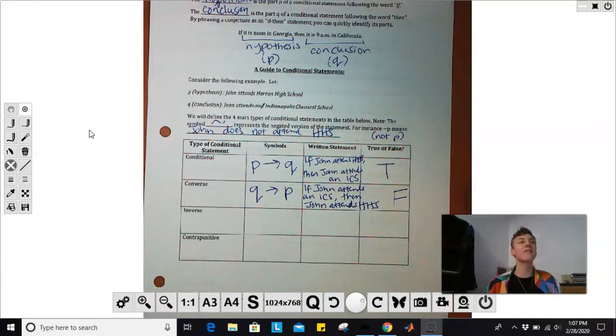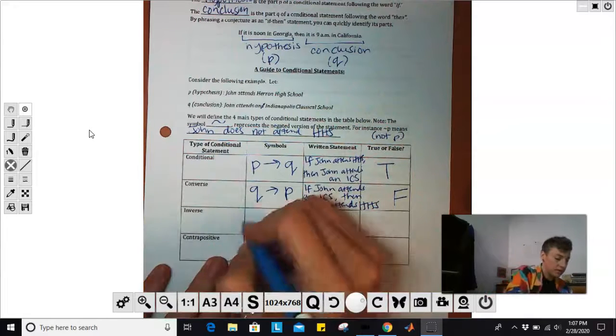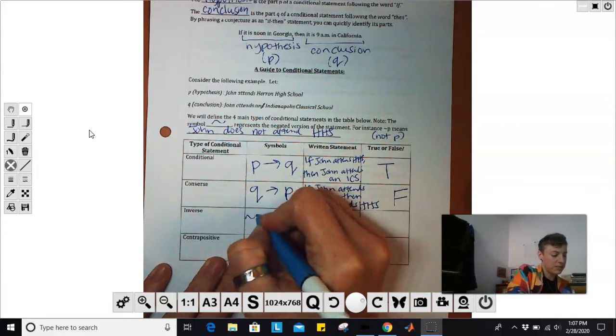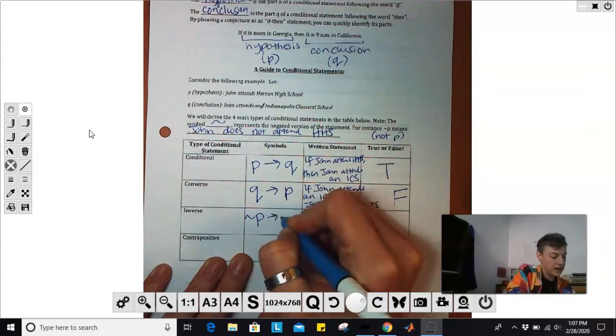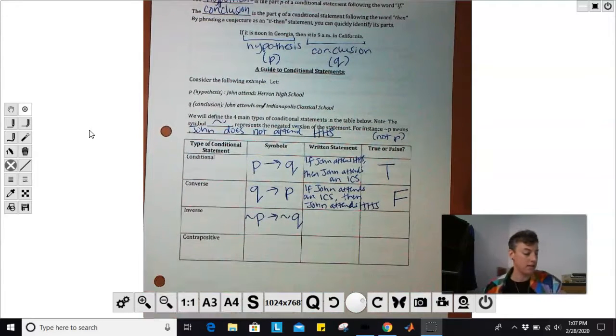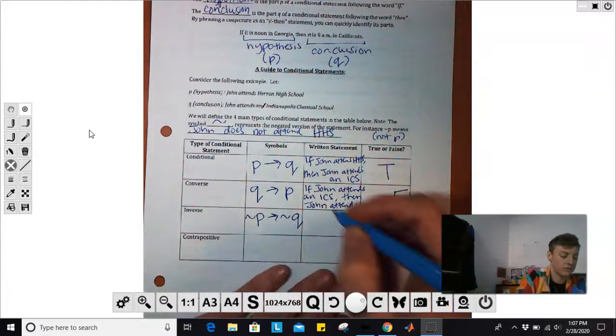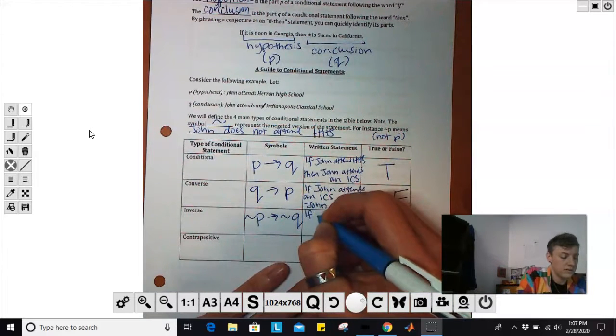All right, our inverse statement, we take the original conditional and we make both of them negative. So that'll be if not P, then not Q. So we're going to say, if John does not attend Heron High School, then John does not attend an Indianapolis Classical School.